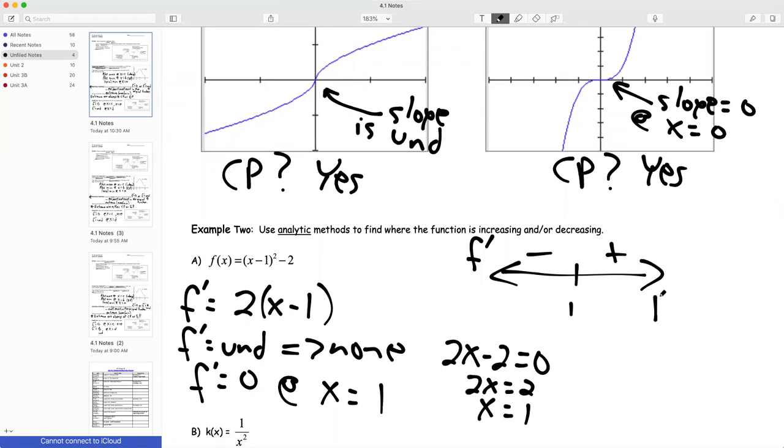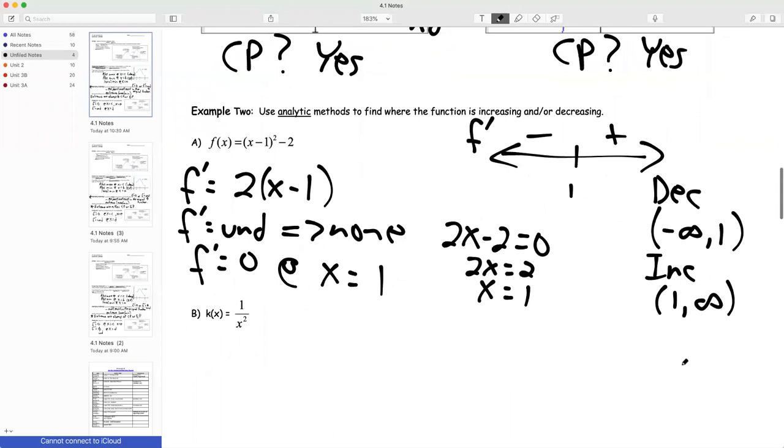Therefore, I can say that this is decreasing from negative infinity to 1, and it is increasing from 1 to infinity. And is there a critical point at 1?